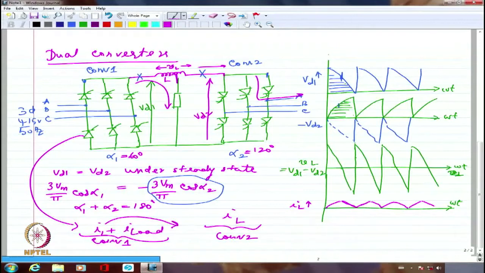So, converter 1 supplies the best part of the load power and a small amount of circulating current. Converter 2 essentially receives that circulating current. It doesn't receive the load current, because the load current will go only within the load and converter 1. So, converter 2 will take that circulating current and feed it back to the mains.